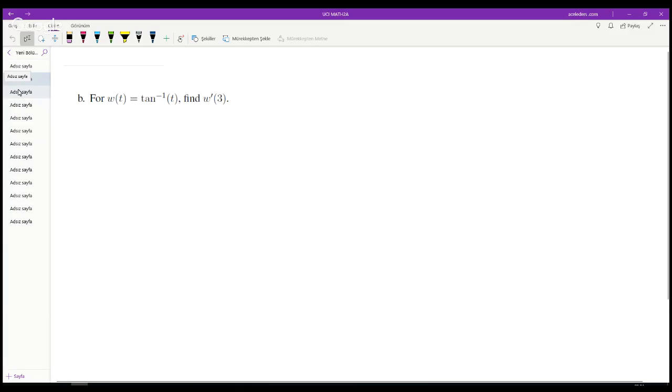Now, this one seems a bit harder. We have W(t) equals arctangent, inverse tangent t, and we need to find the derivative of W at the point 3. So when t is 3, we need to find the derivative of W. I'll ask for your suggestion.